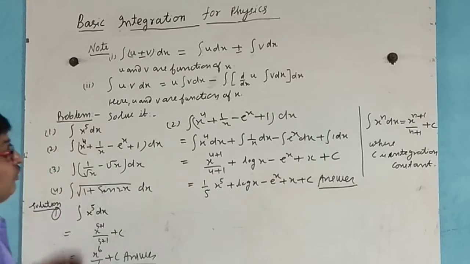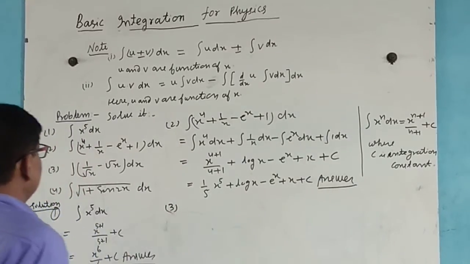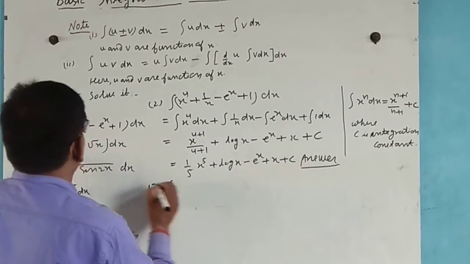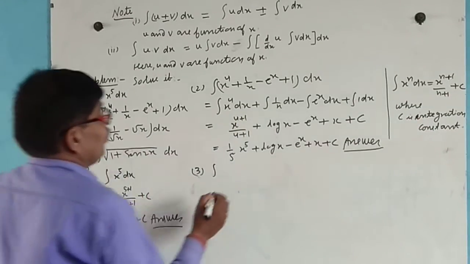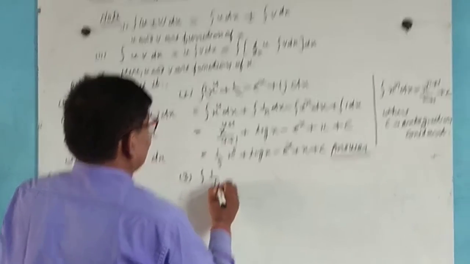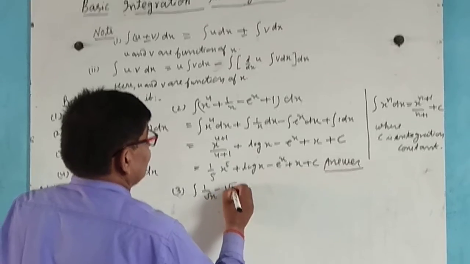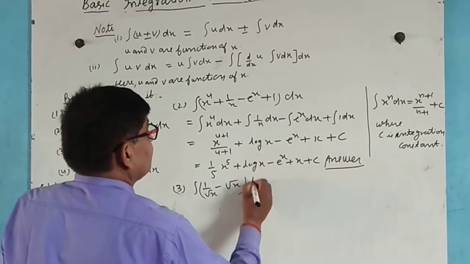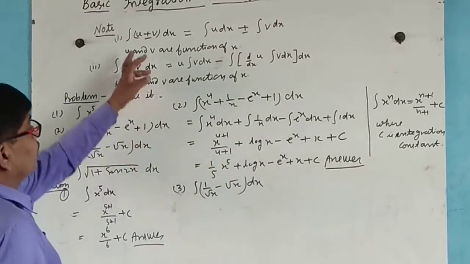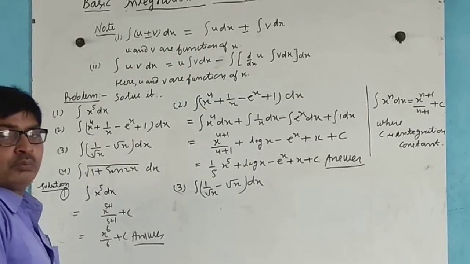Now third question, integration of 1 by under root x minus under root x dx. We separate this with the help of this rule.